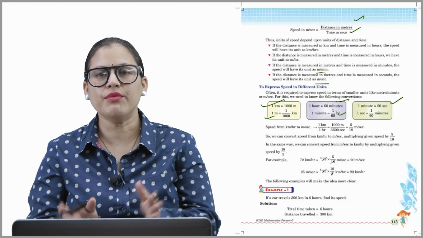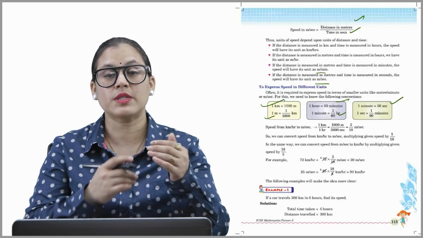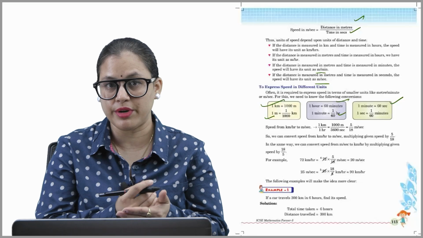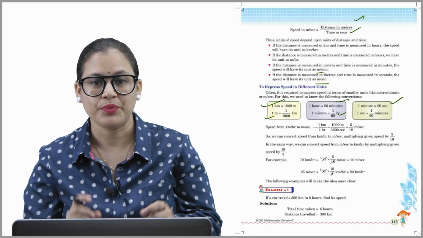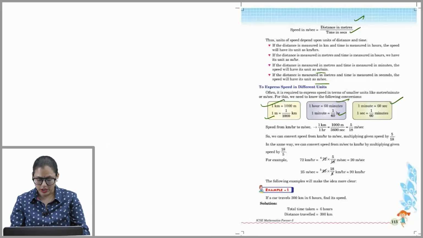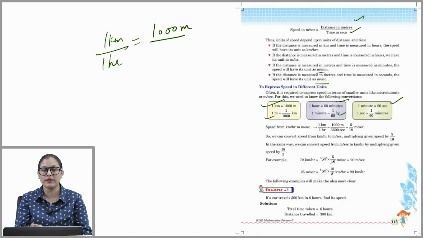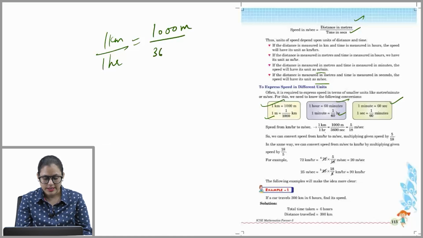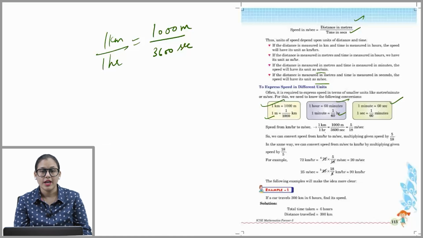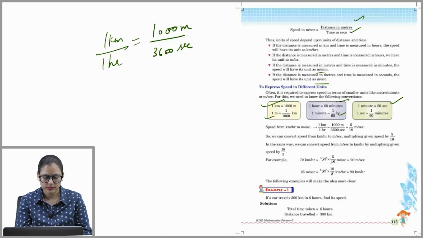So whenever you are converting speed from kilometer per hour to meter per second, what will you do? See, 1 kilometer upon 1 hour. In 1 kilometer there are 1000 meters and in 1 hour there are 3600 seconds. Now it will cancel out, 5, 18.